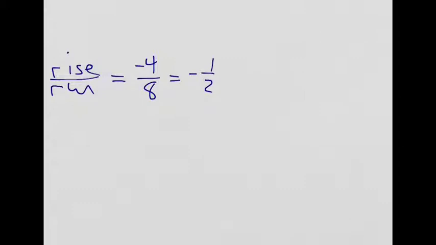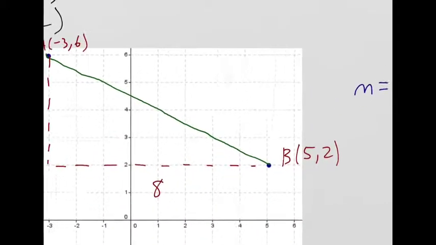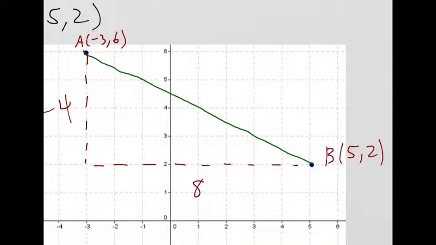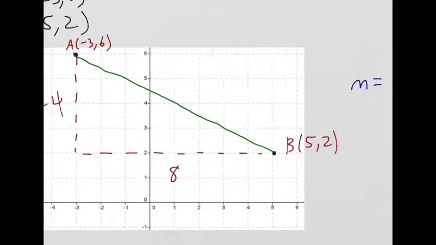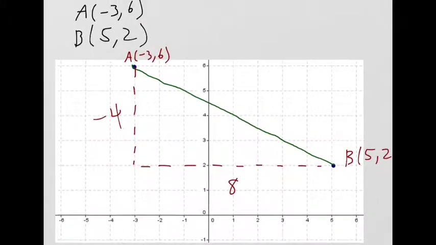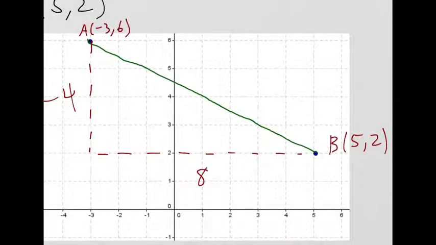Okay, that's a lot of drawing to do, right? You have to draw the triangle and count the squares. There's a faster way we can do this. Remember how I said before that the rise is the difference between the y values and the run is the difference between the x values? Okay, we can use that idea to create a formula that will work for any pair of points.